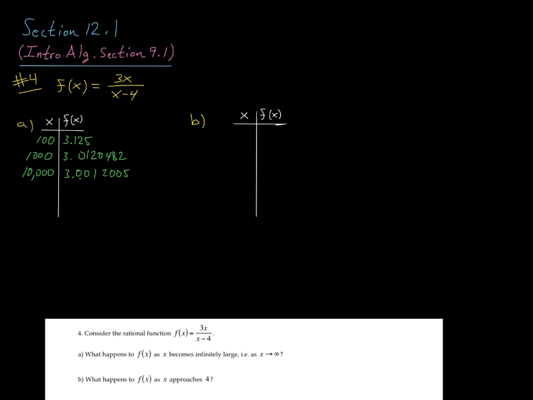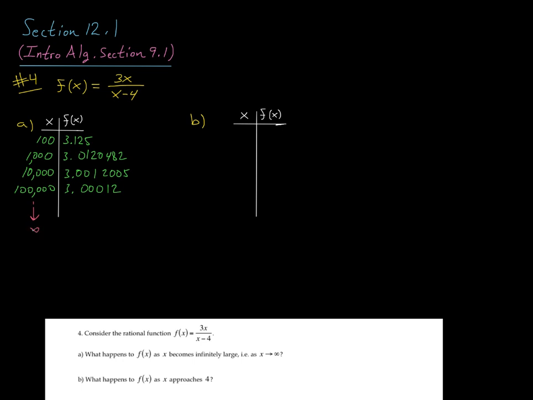Still a little bit bigger than 3, but even closer to 3 than what we saw with 1,000. If I plug in 100,000, so just keep tacking on a 0 for x, you get roughly, rounding a little bit, 3.00012.